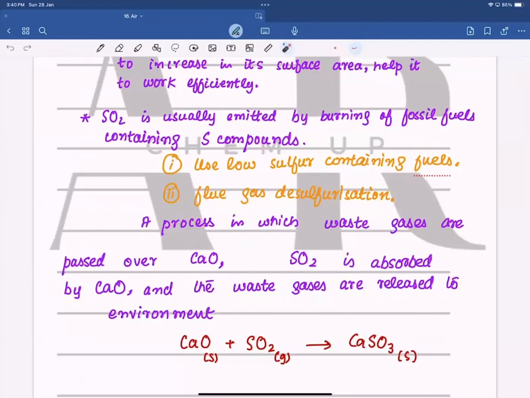Yes. Okay, let me. What is its name? Calcium sulfite.